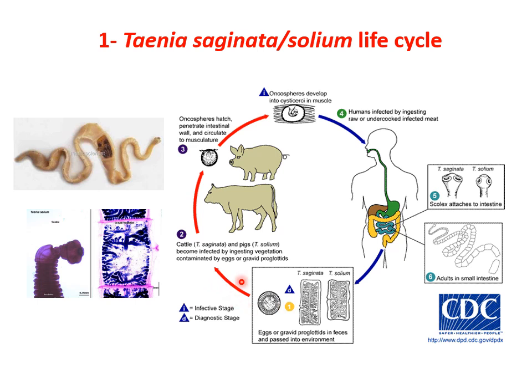Now, the cycle continues when cattle or pigs ingest the eggs of Taenia solium or Taenia saginata: cattle for Taenia saginata, pigs for Taenia solium. Upon ingestion of eggs of these parasites in contaminated vegetation, or even the gravid proglottids, the infection is transmitted back to the cattle or the pigs.